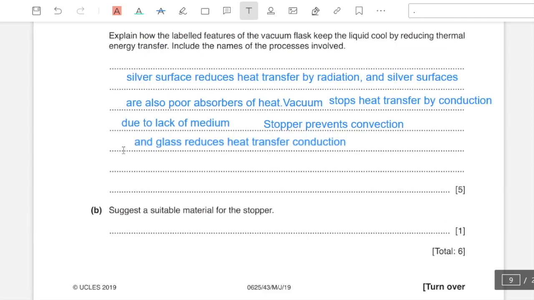This can be anything, a wooden cork, or any suitable choice.